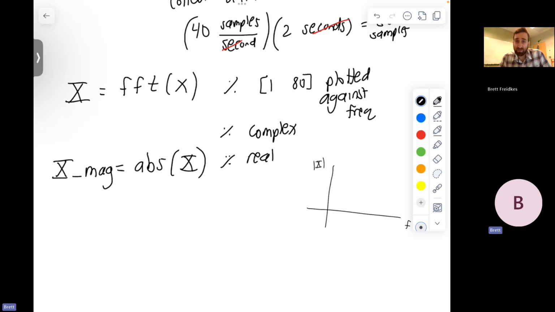The ABS function, if it was just a typical number, will take the absolute value of it, a real number. If X is complex, it will go ahead and take the magnitude of it, which is the square root of the real part squared plus the imaginary part squared. And when we do it of the matrix, every single one of the 80 elements will go through that, and we'll find the magnitude at each of those 80 points.